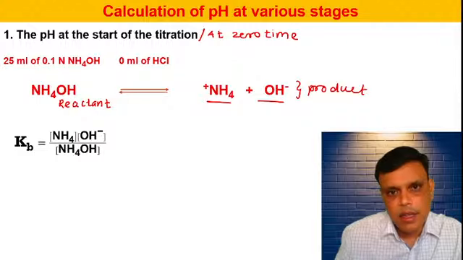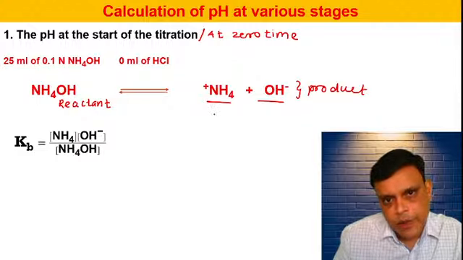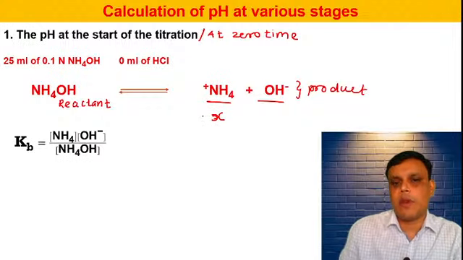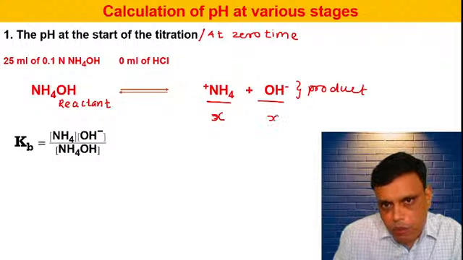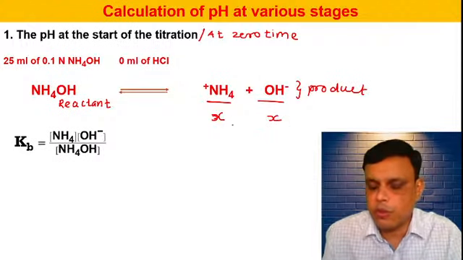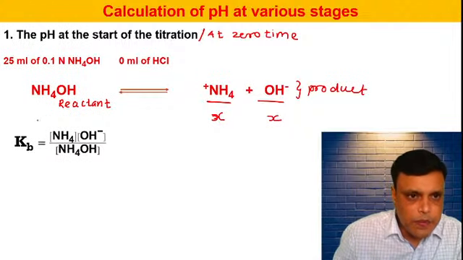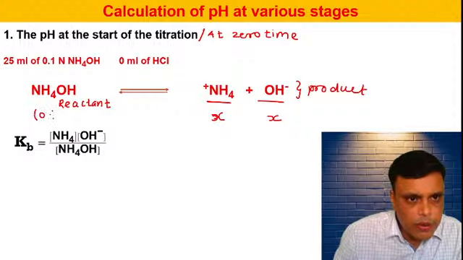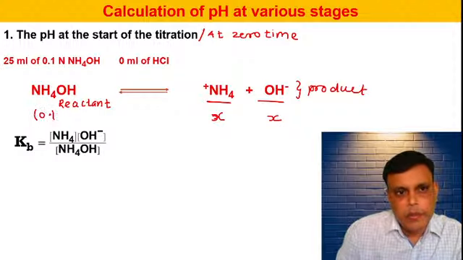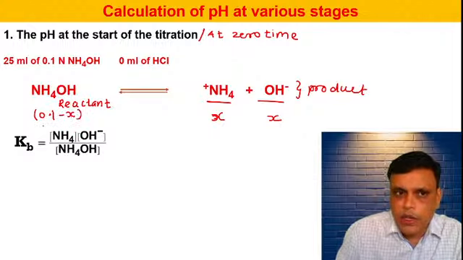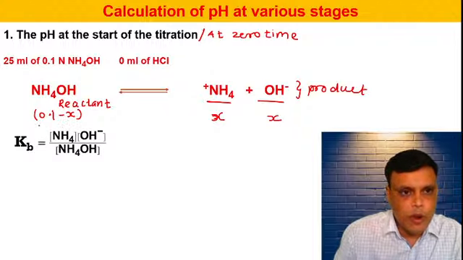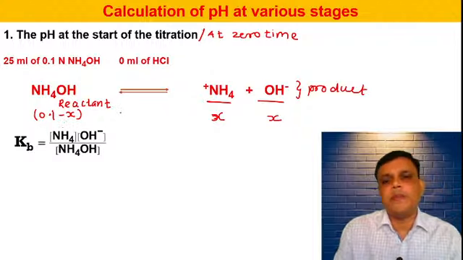Now let us consider at the starting point, x millimole of ammonium cation will get formed. So according to the law of mass, the same x mole of OH minus ions will also get formed. And for example, your starting point is 0.1, and from that, x amount will get dissociated. So how much will remain? 0.1 minus x will remain at that point.